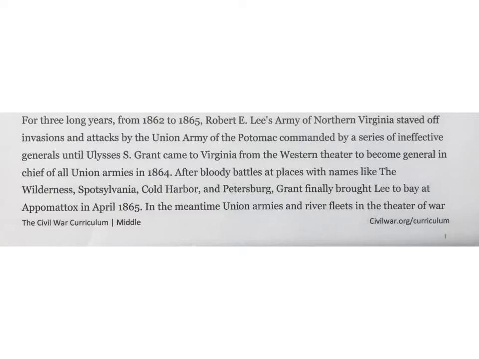We're going to continue on with the reading. So if you go back to your reading, we're down at the bottom of the second page where it starts, "For 3 long years, from 1862 to 1865, Robert E. Lee's Army of Northern Virginia staved off invasions and attacks by the Union Army of the Potomac, commanded by a series of ineffective generals, until Ulysses S. Grant came to Virginia from the Western Theater to become general in chief of all Union armies in 1864.